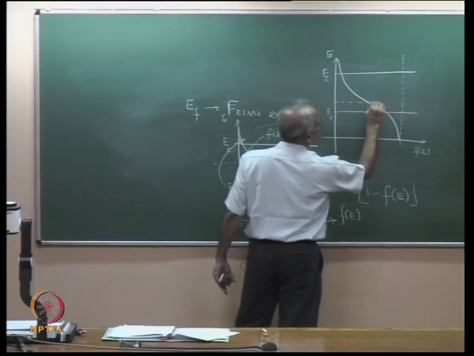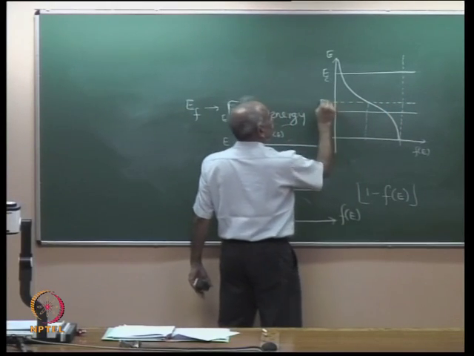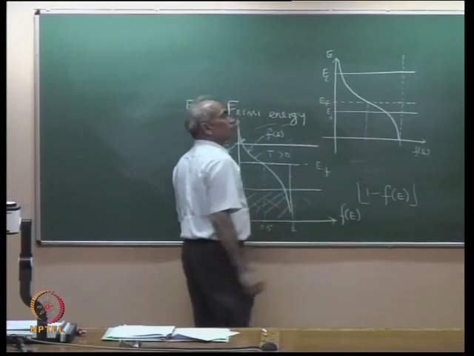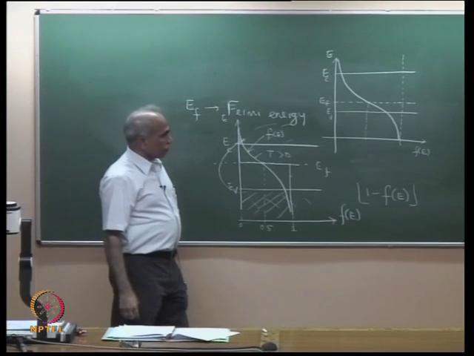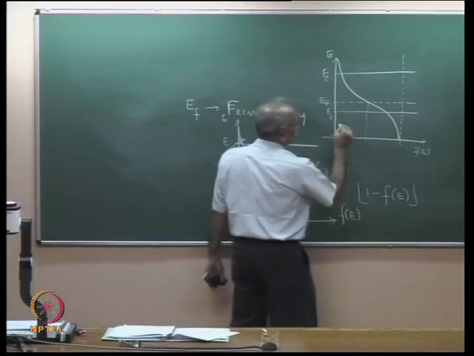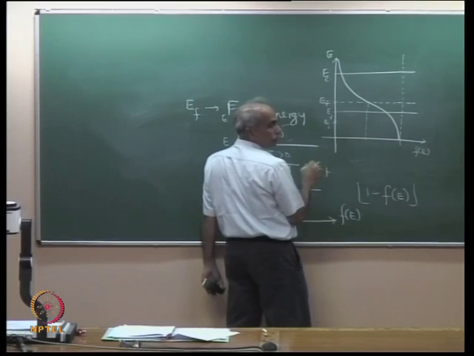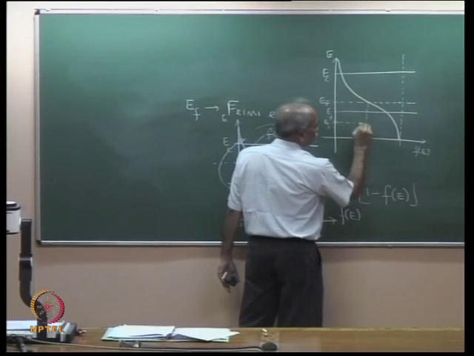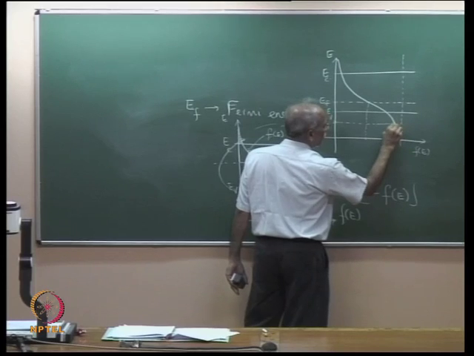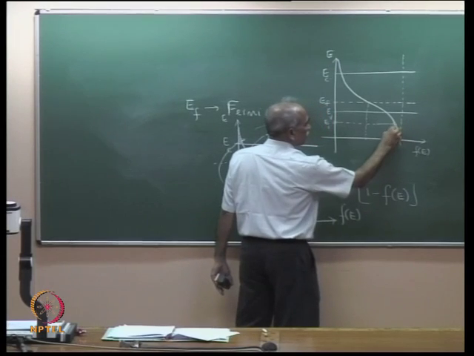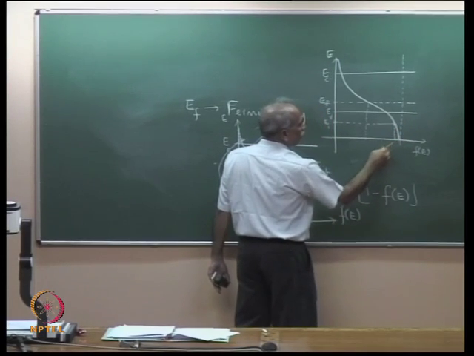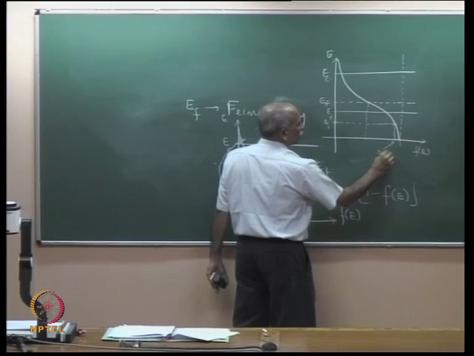Therefore EF is somewhere here. At any given energy value E1, I find out what f of E is. This is the value of f of E here, say for example 0.9.